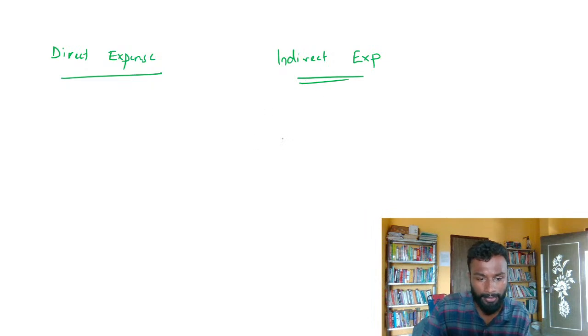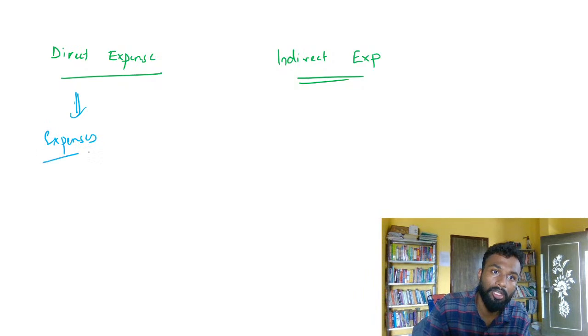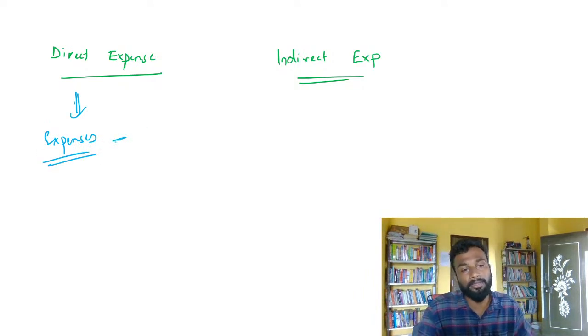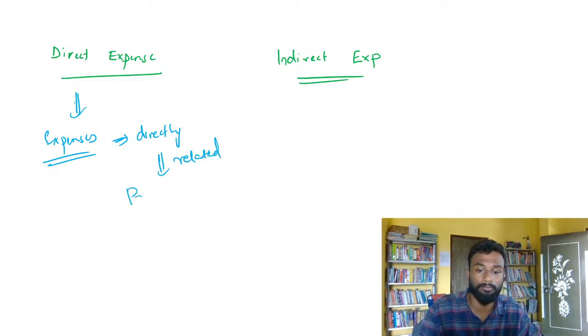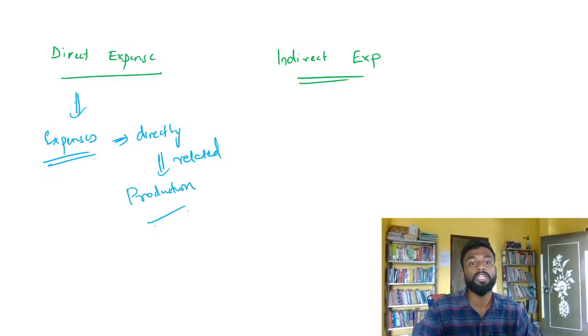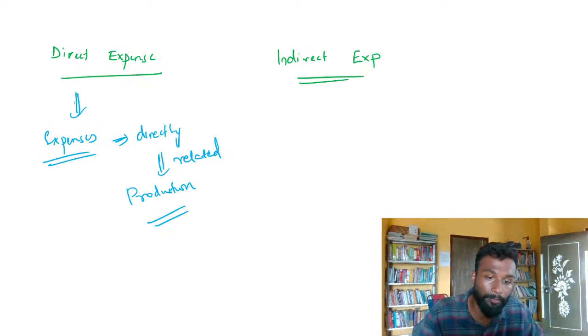Direct expenses are those expenses which are directly related to production. Whatever expenses we incur during the process of production will be considered as direct expenses.